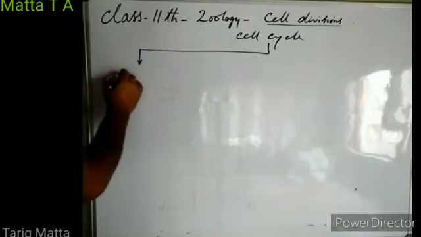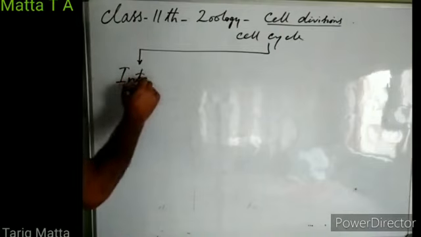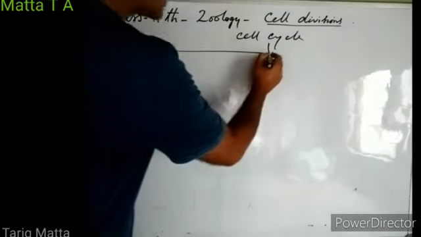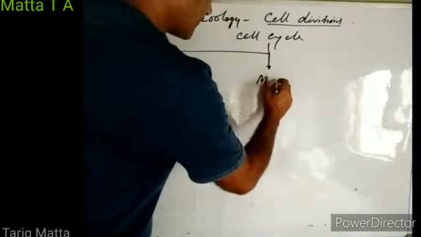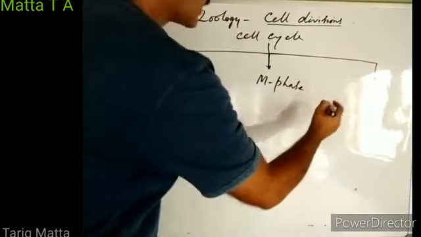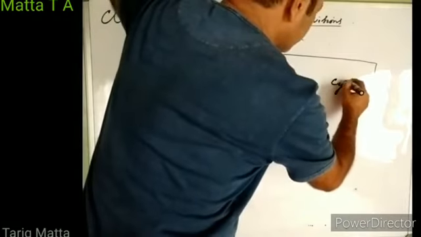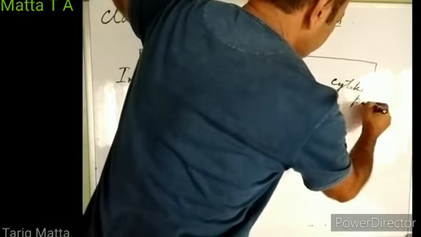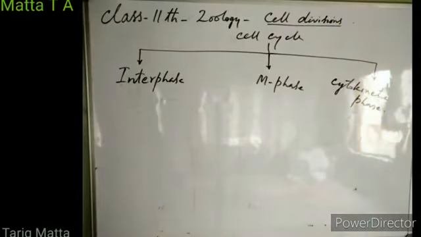The first phase is known as interphase, the second phase is known as M phase, and the third phase is known as cytokinetic phase.